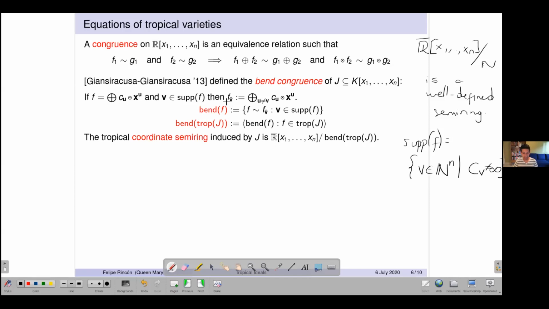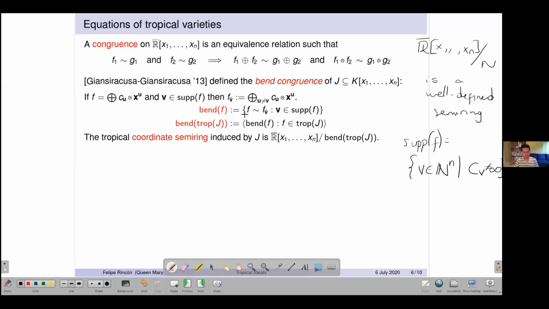Then I'm going to denote by F lower v hat just the same polynomial, but remove the monomial that corresponded to v. So if you have a big polynomial, that's F, and F sub v hat is just the same polynomial, but delete one of the monomials that you see. Delete the monomial v. What are the bend relations associated to a tropical polynomial F?